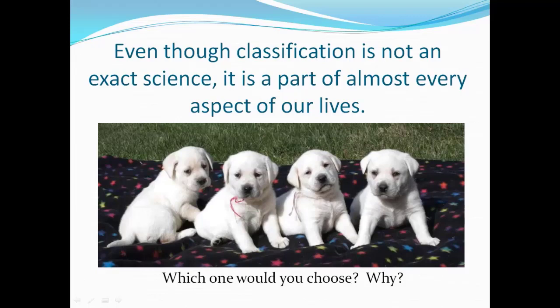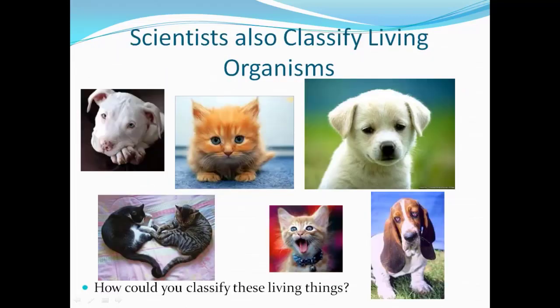Can we classify them? Which one would you choose, and why, from these different kinds of animals for the classification? Also, in the next picture, for classifying living organisms, you can find different kinds of organisms. How could you classify these living things?